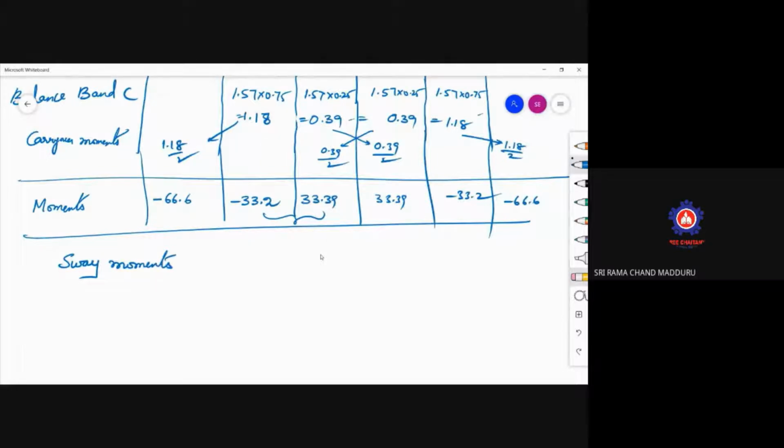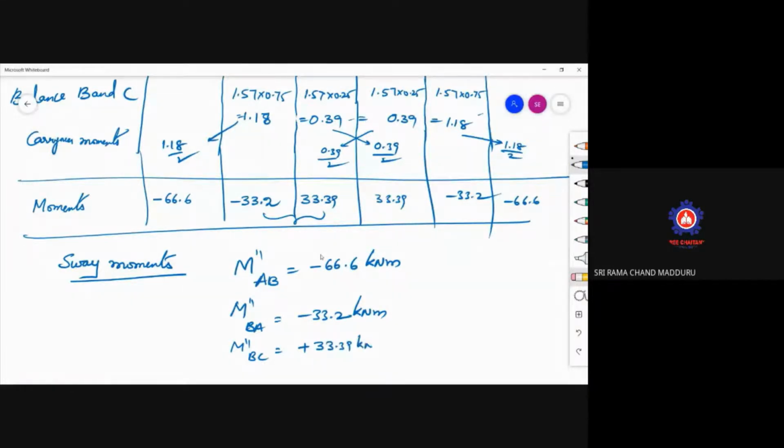These are considered, written as M double dash AB, which is nothing but minus 656.6 kilonewton meter. M double dash BA is equal to minus 33.2 kilonewton meter. M double dash BC is equal to plus 33.39 kilonewton meter.